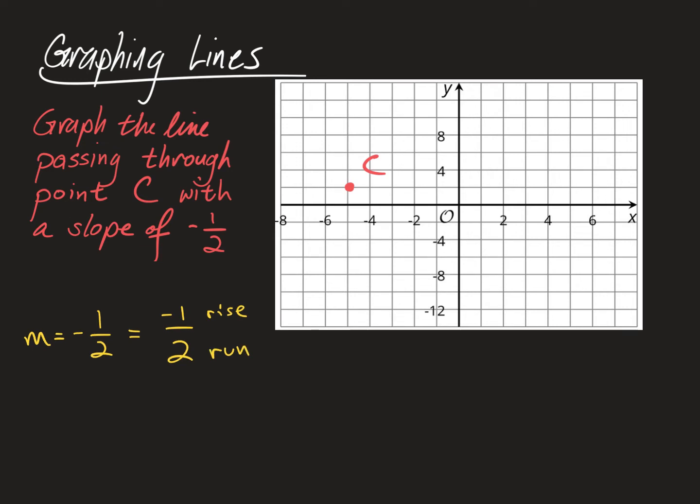Cool. So what this is telling me then is from this point right here, graphed already, point C, we want to rise -1, and that means we're going to move down 1. And then we're going to run 2. So down 1, run 2. That point right there. Down 1, run 2.